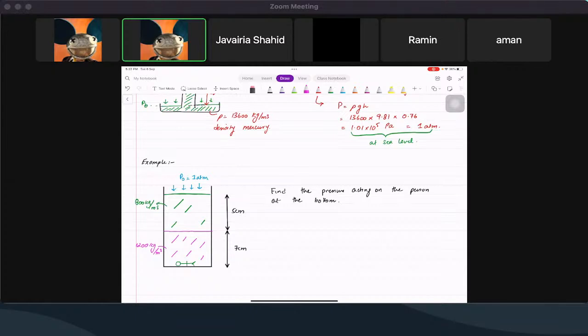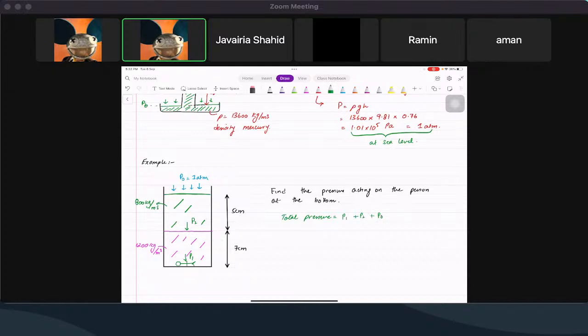Just keep that in mind. Which means that the total pressure above this person would be, say this is P2, this is P1, P1 plus P2 and the atmospheric pressure. So you have to look at it that way.